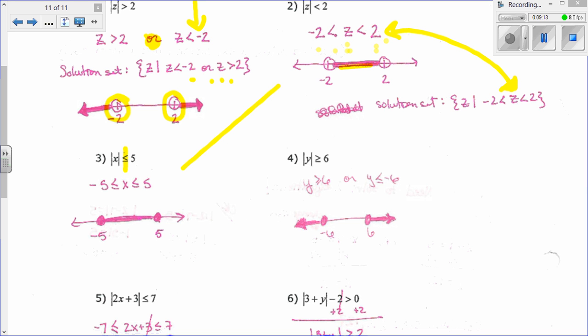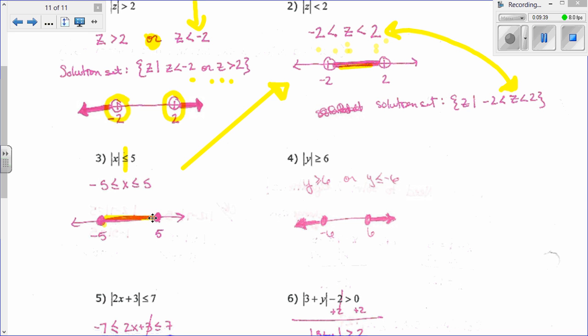I can write a compound inequality: negative 5 less than or equal to x less than or equal to 5. Because it is less than or equal to, my circles are closed. And because it's a compound inequality, I shade in between.